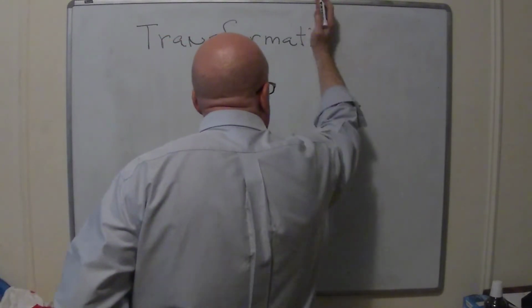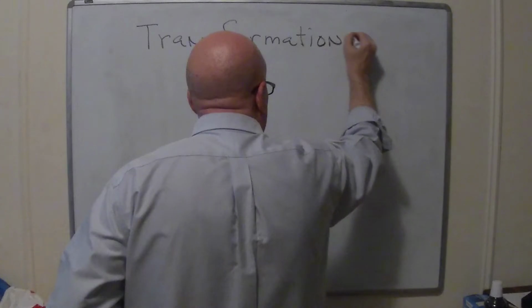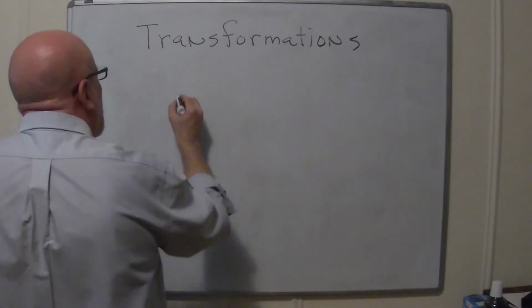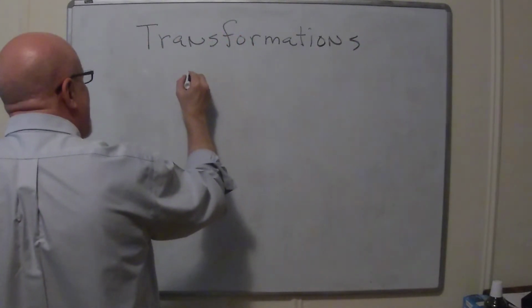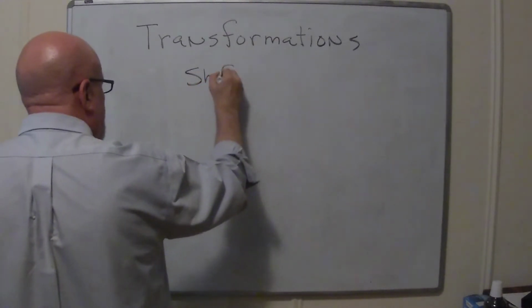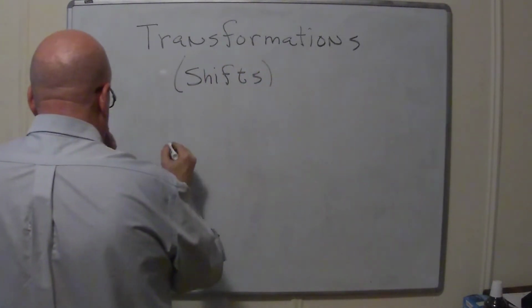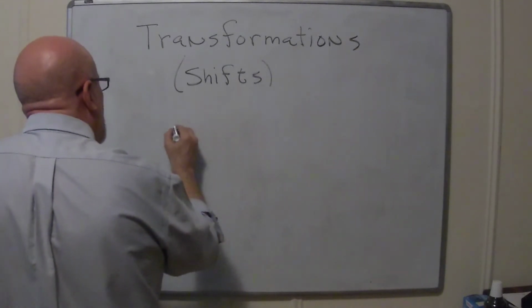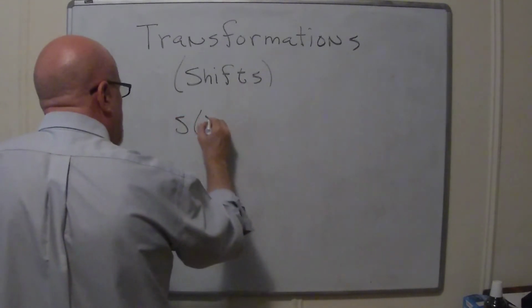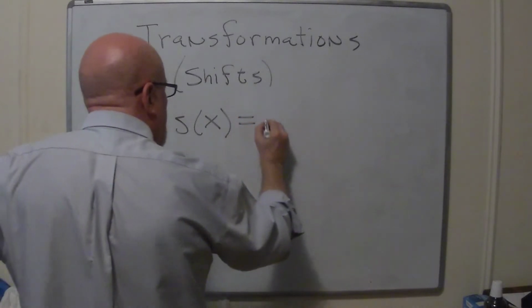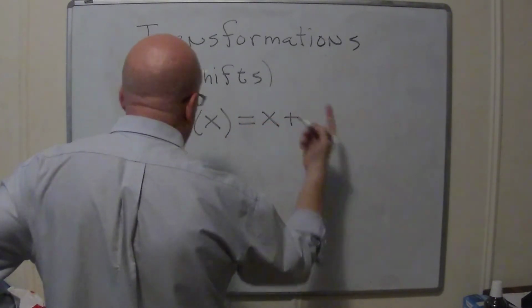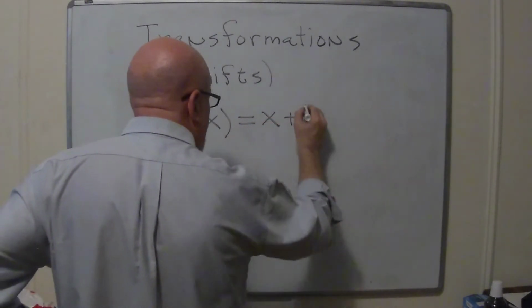Transformations, not things. What I'm talking about is actually shifts first. So if you have, let's call it s of x, not t of x. S of x looks like this: x plus some number, some constant k.